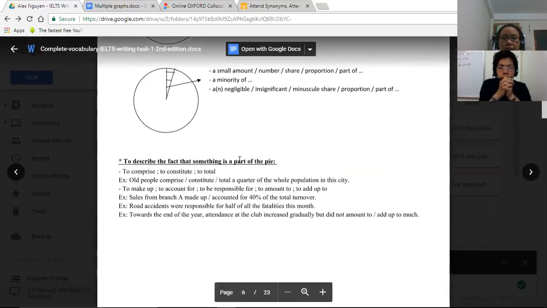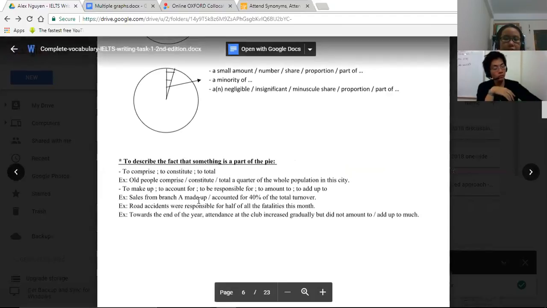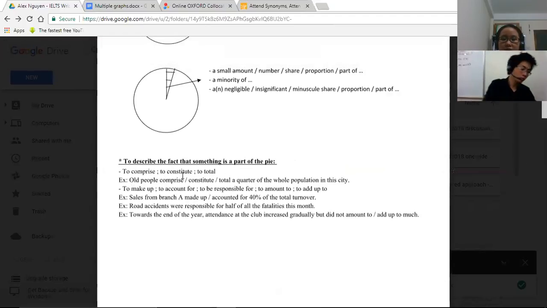Here you can actually say the elderly comprised over half of the total proportion. Besides comprise, you have constitute, and this word is very good. I always prioritize using constitute. I always remember this word first.